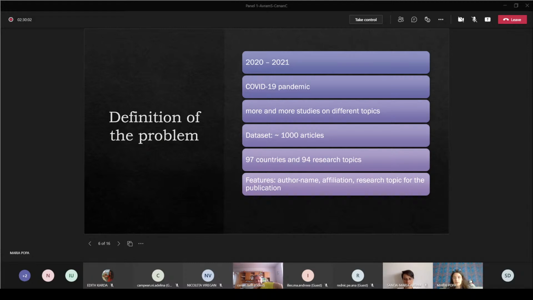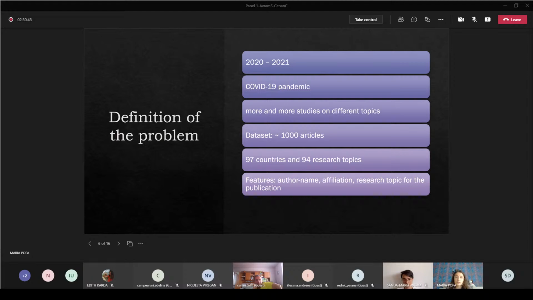But let's define the problem. We all know that COVID-19 implies a lot of changes in our lives, social, economical, and psychological. People were used to traveling abroad a lot, and researchers to meeting at conferences and discussing problems face-to-face. But with these changes, as you can see with our conferences, we have to move online. So it is interesting to see how everything went during this period in terms of how many articles were published and which research topics were targeted.